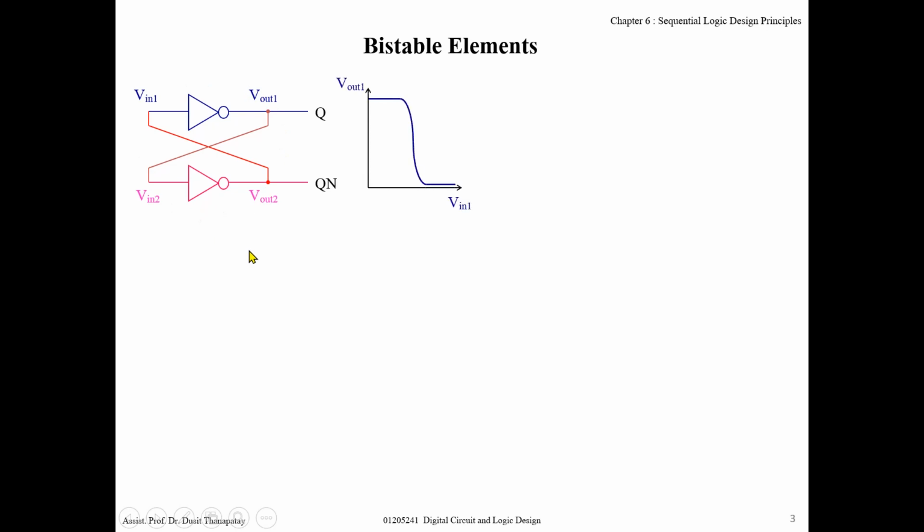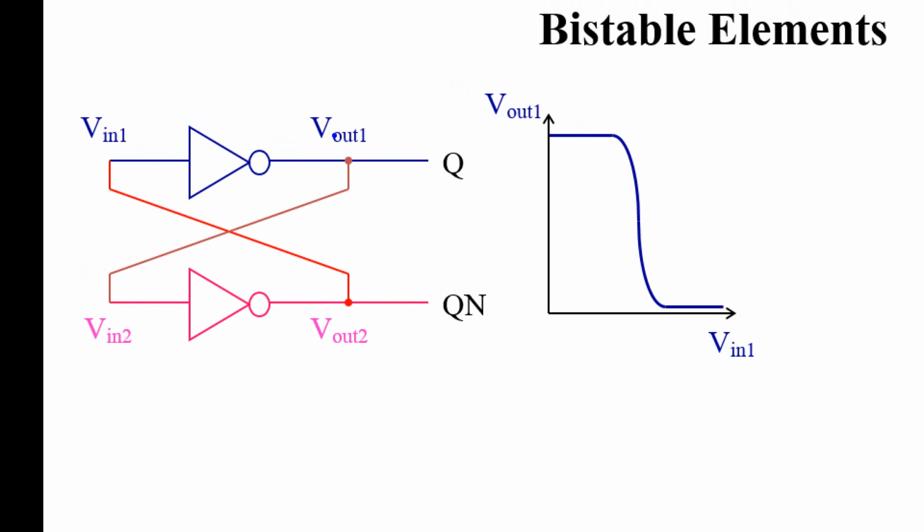How about the result? At first, each inverter has a characteristic curve, the relation between output and input. Namely, if you apply, for example, 0 volt input, output will be maybe 5 volt.